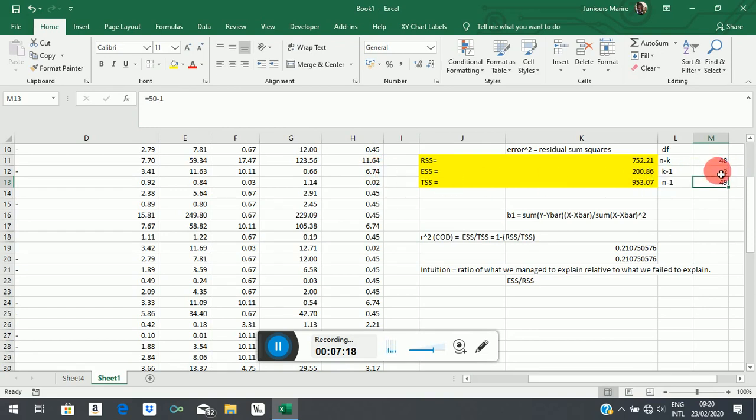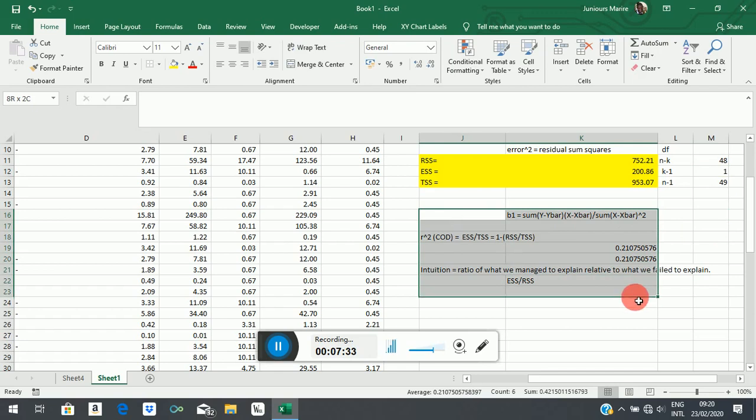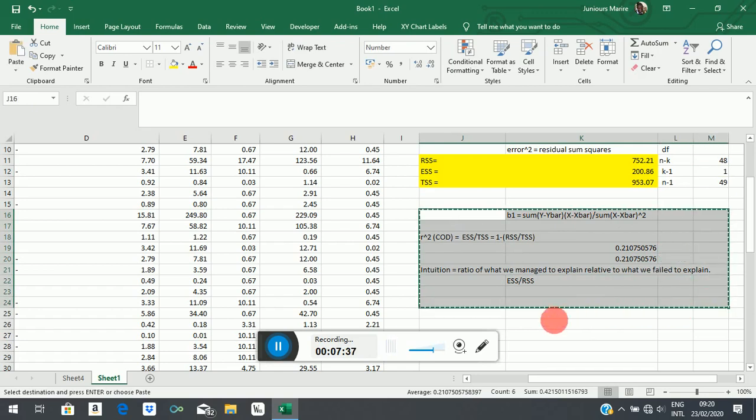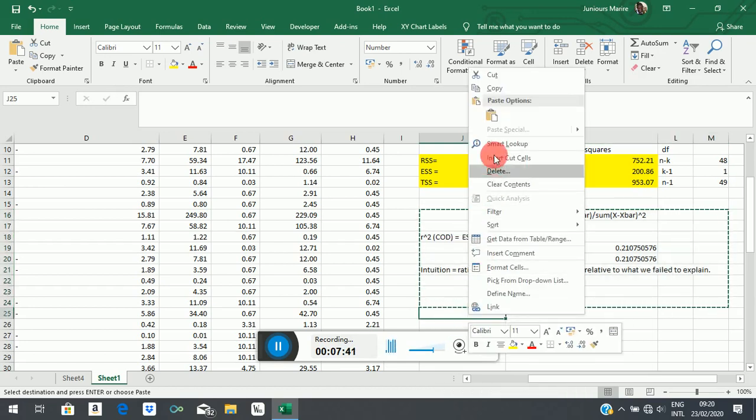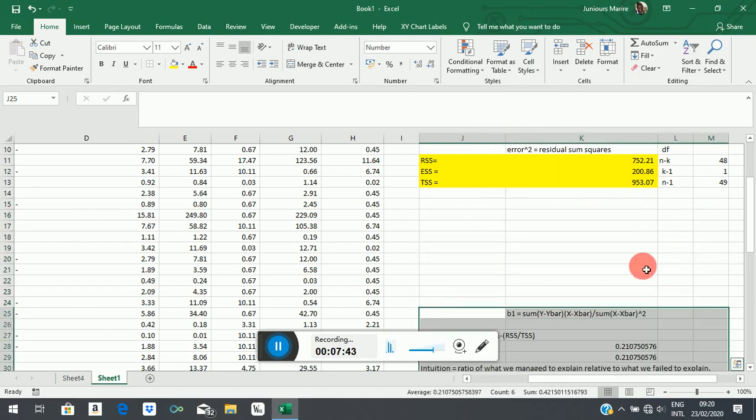And this 2 is actually speaking to the number of variables we used to explain earnings. But for now it's 1 because it's a bivariate regression. Now, once you have all this information before us, we can do a lot of wonderful things with this information.